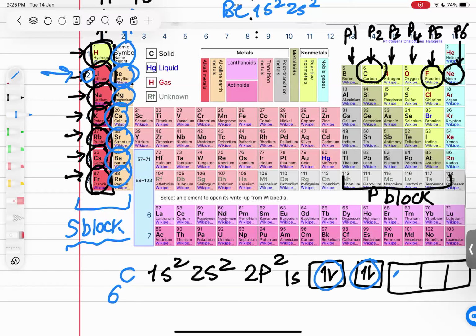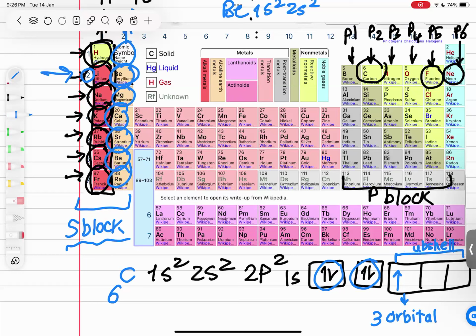The first one, I placed it here. The second one, as we said, we should not put it in the same orbital. Every box represents an orbital. There are 3 orbitals, and that's the p subshell, or the p flat.